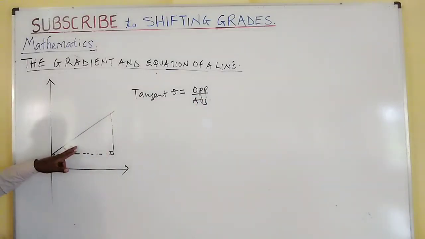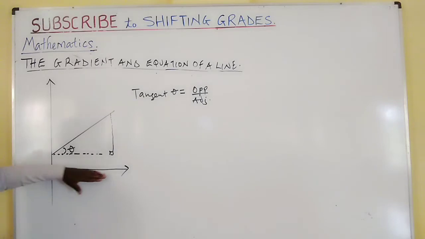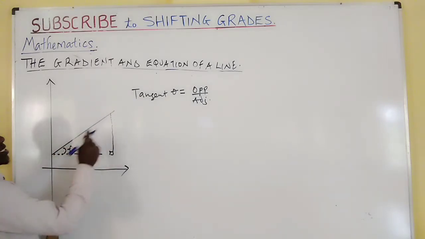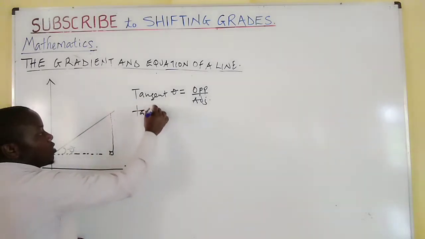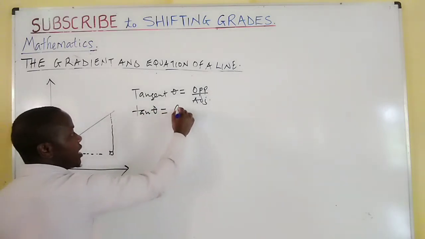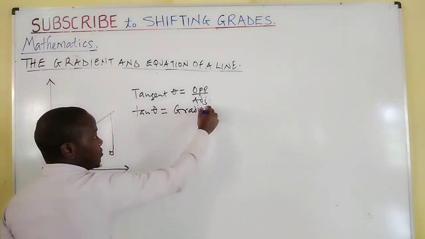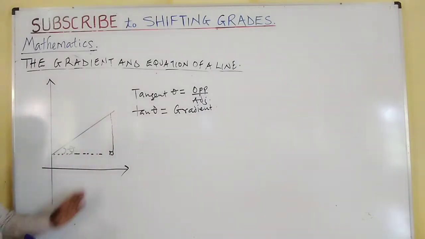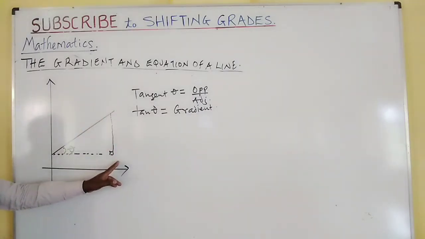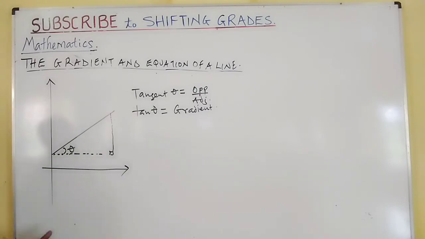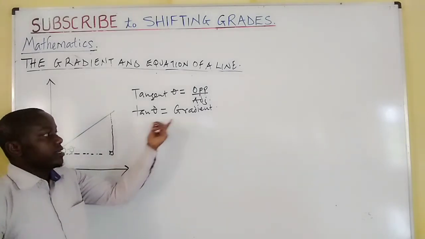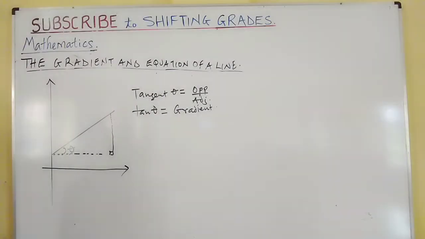Therefore, with this acute angle made by the x-axis and the line, we can say that the tangent of the angle is equal to the gradient. Because the gradient is also given by the vertical change all over the change in the horizontal. Therefore, tan is equal to gradient. The tan of an angle made by the x-axis is always equal to the gradient of the same line.